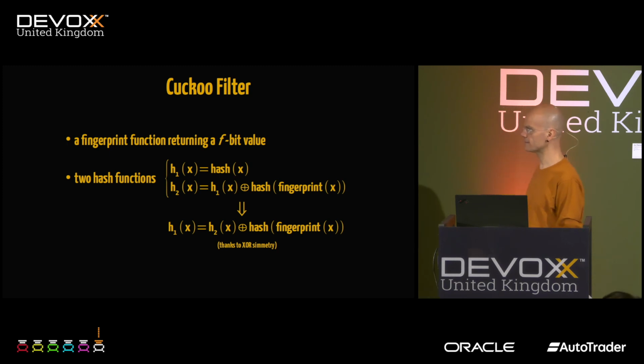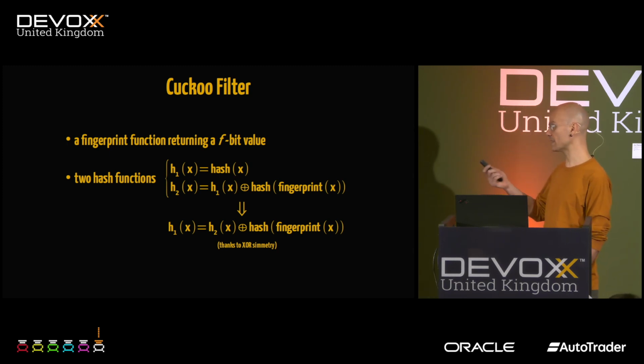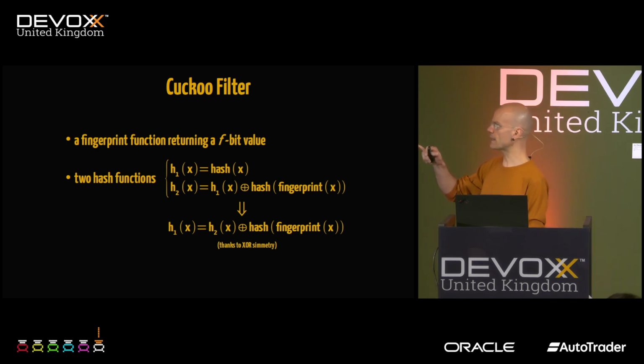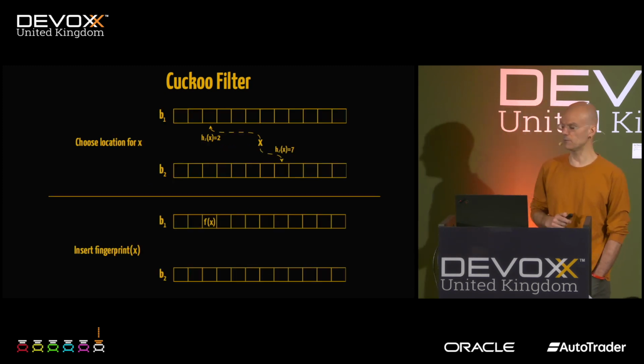Now, in this case we leverage the XOR symmetry property, that allows us to say that we can have hash function 2 computed based on the result of hash function 1, and symmetrically we can compute hash function 1 based on hash function 2. And now we're going to see this in detail.